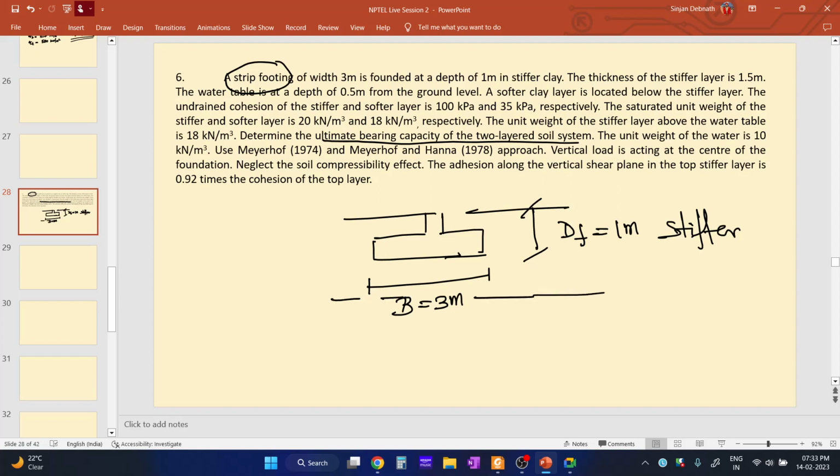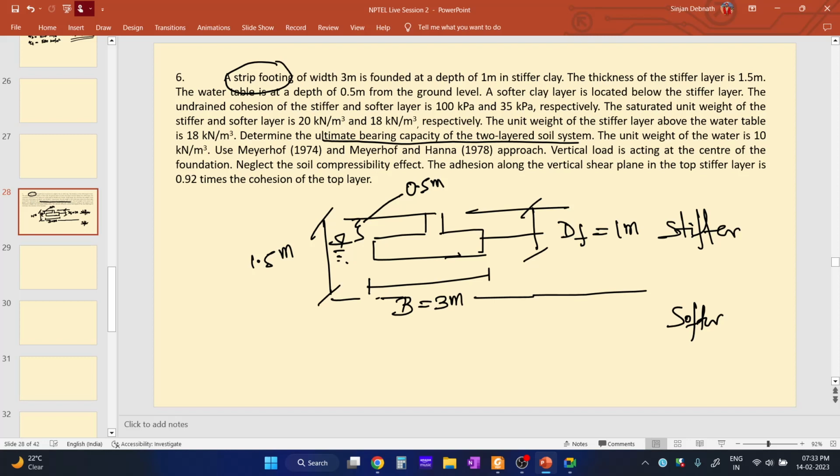Suppose this is the stiffer layer, the thickness is 1.5 meter. The water table is at a depth of 0.5 meter from the ground level. A softer clay layer is located below the stiffer layer. So a softer layer is over here.